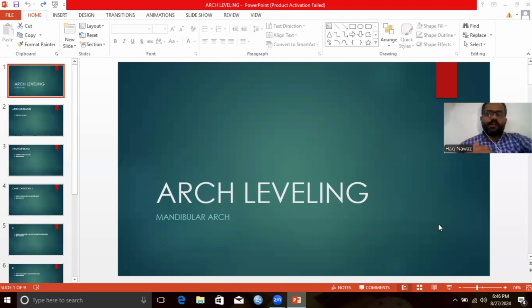For example, if our maxillary arch is at fault, then we will do leveling in the maxillary arch. If our mandibular arch is at fault, then we will do the arch leveling in the mandibular arch. In the mandibular arch, to identify a vertical problem, the best indicator is the curve of Spee.